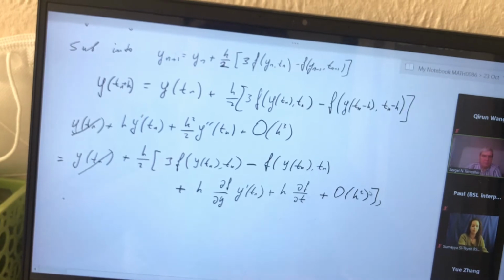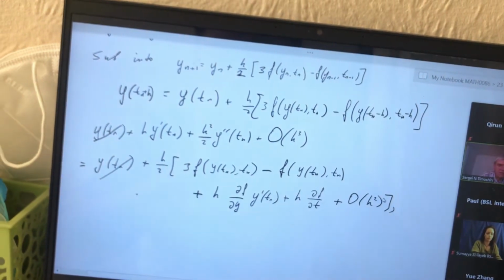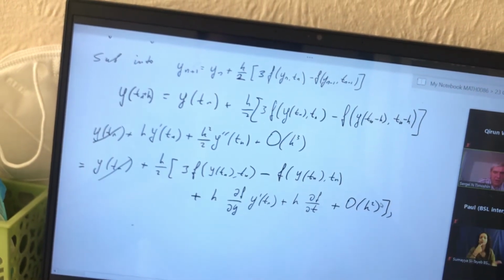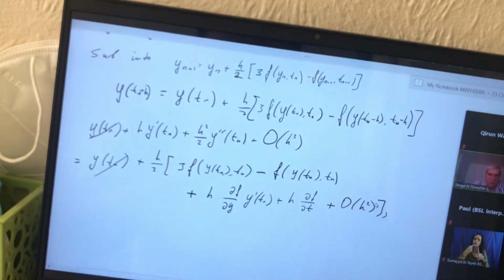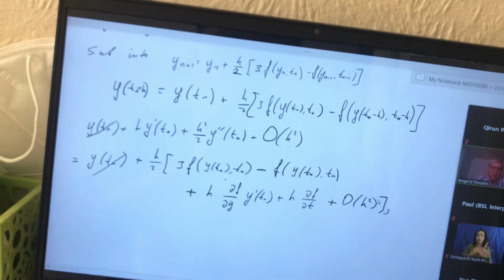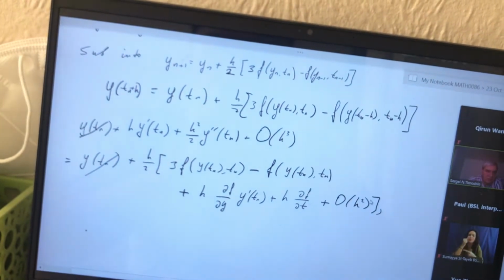Now, let us rearrange the terms a little bit. I'm going to drop the arguments t_n, y at t_n, because we know where these derivatives are being calculated.